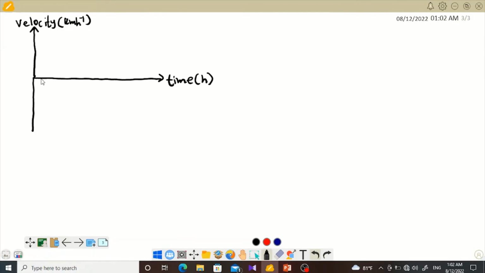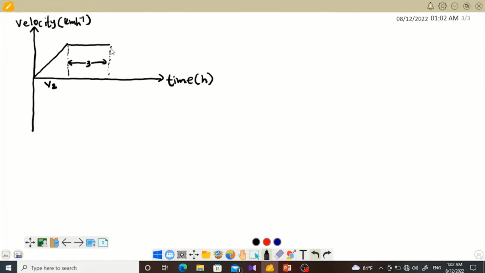So first, the train started from rest and moves with constant acceleration. So I can show it like this for a half hour. So I am marking this as half hour. This gap equals half hour. Then it moves at constant velocity for 3 hours. This gap equals 3 hours.